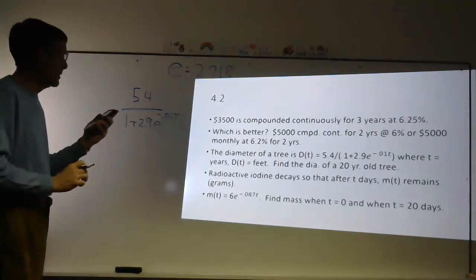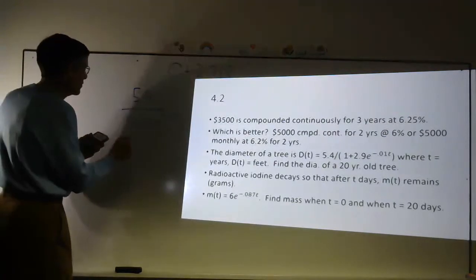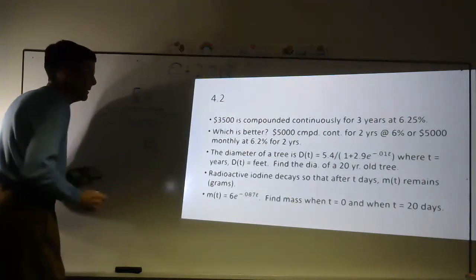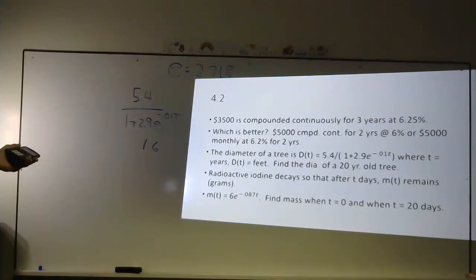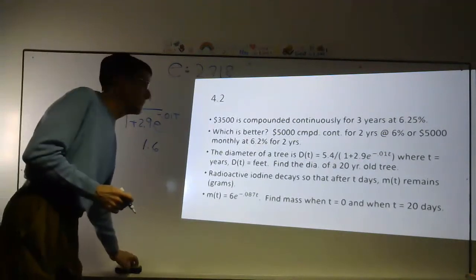And that gives me 1.6. A 20-year-old tree would have 1 6/10 feet for a diameter. You could take that times 12 to see how many inches, and the diameter of a 20-year-old tree would be about 19 inches. Okay? Neat problem, huh?